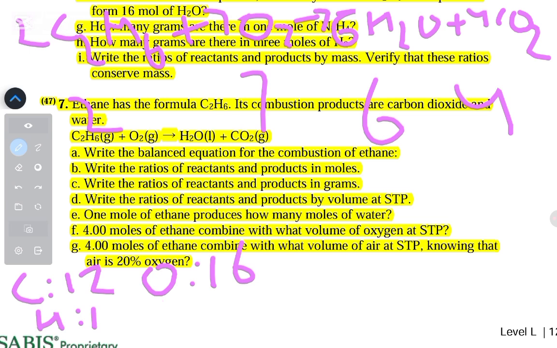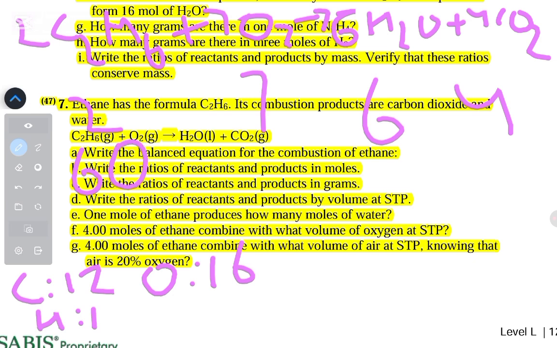Okay, so 2 times C2H6. C2H6 is 2 carbon and 6 hydrogen. So that's going to be 6 plus 24, which will give you 30, but it's 2 moles, so it's going to be 60 grams.